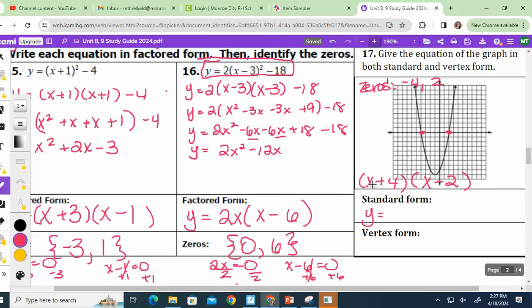So if I multiply this out, we get x squared plus 2x plus 4x plus 8. If you add like terms, x squared plus 6x plus 8. So that is my standard form for that graph.